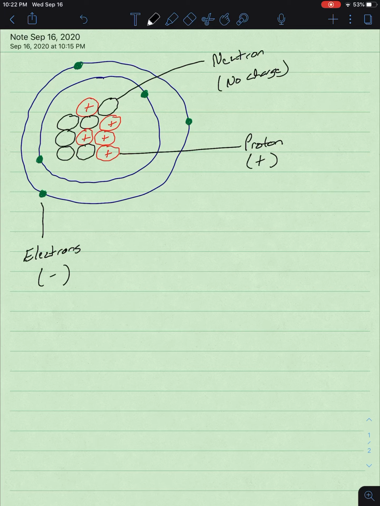Next, we're going to try to identify this atom. The way we identify an atom is the number of protons. The number of protons tells me exactly what it is. If I count, I have 5 protons in this atom, so my atomic number is 5.